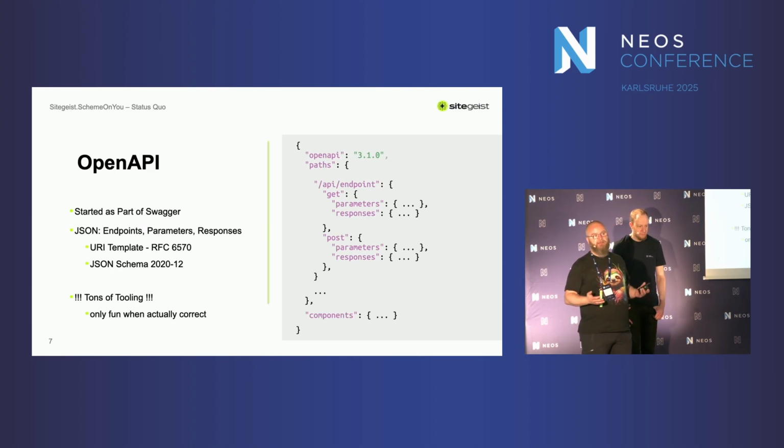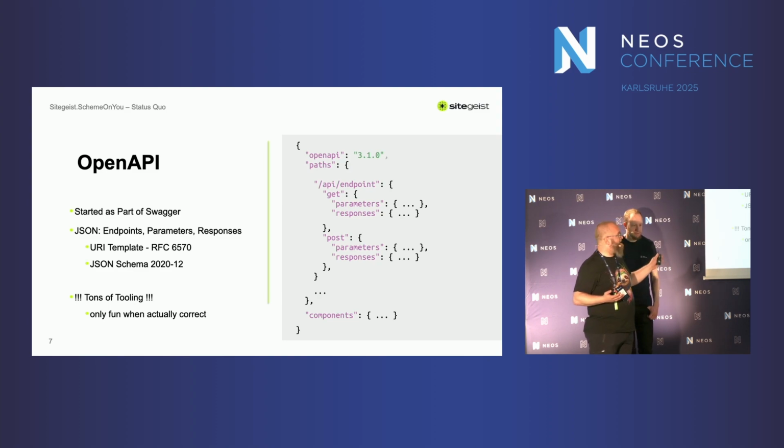So it contains the endpoints, which are called paths there, and all the parameters they expect in the path or in the query or maybe as JSON header, and also the possible responses and the data in there.